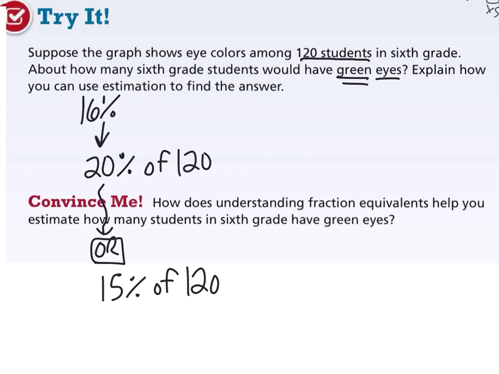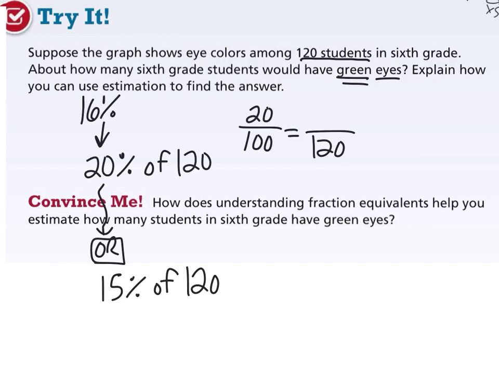Now, if you were trying to do this as a proportion, we know 20% is 20 out of 100. That doesn't work real great. You could figure it out with the calculator, but otherwise you might have a hard time figuring out how we get from 100 to 120. So if you're doing a proportion, you'd want to reduce that fraction down.